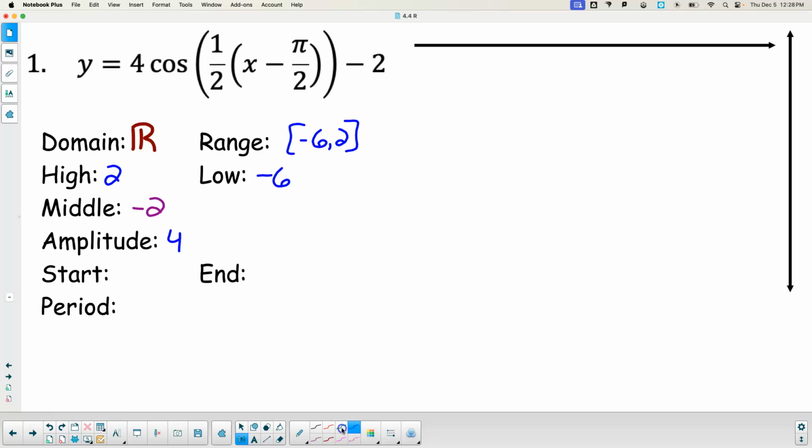Start, pi/2. Period is going to be 2 pi divided by 1/2. 2 pi divided by 1/2 is 4 pi.